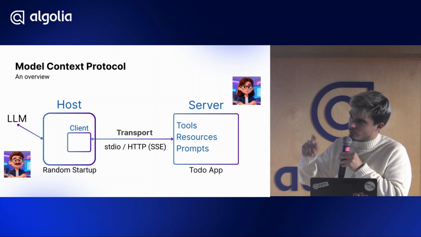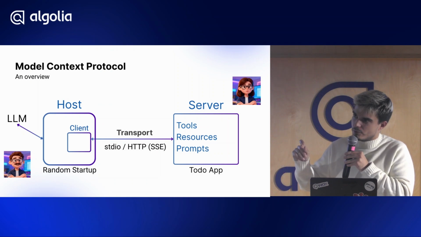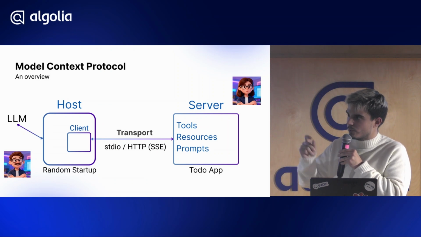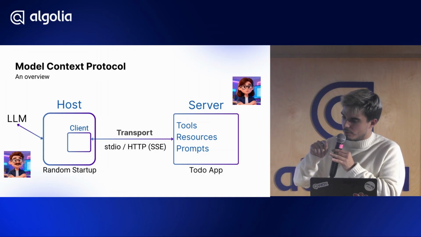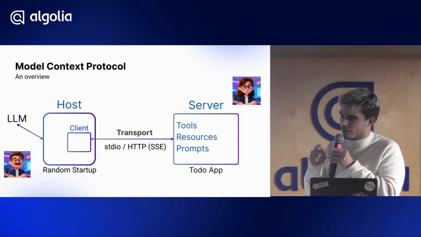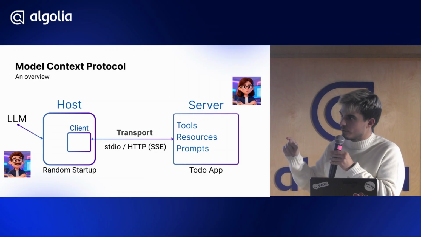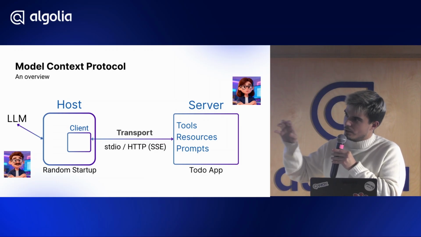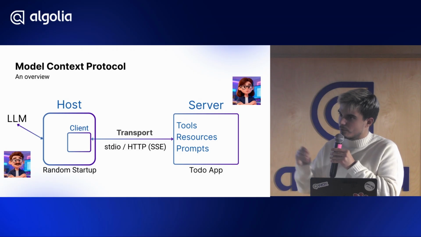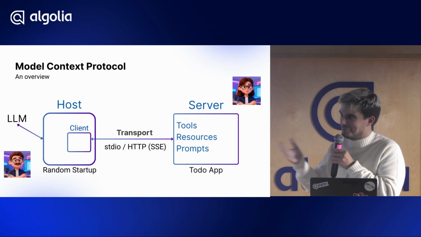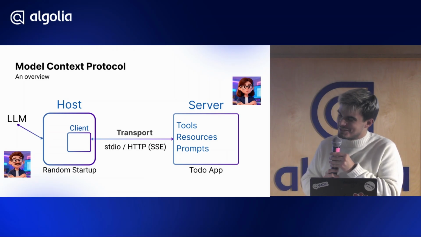So stdio is a separate process that starts whenever you start the client. When the client wants to start the MCP connection, it will spawn another process, let's say a Docker instance that has that MCP. And whenever it needs, it will call that instance over stdio, so over the IO.